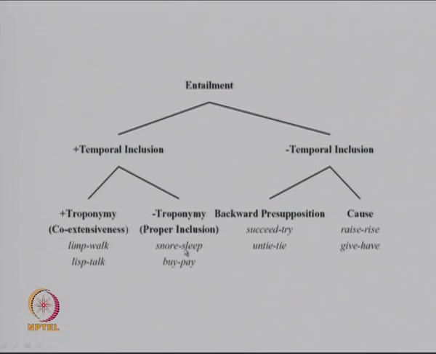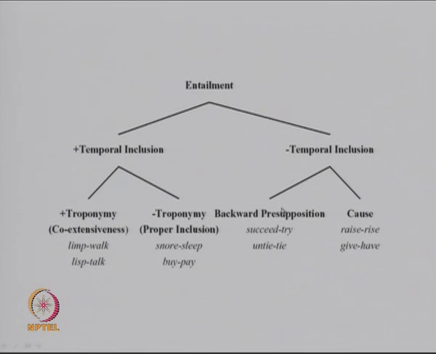So, snoring is not a manner of sleeping, unlike limping, which is a manner of walking. Buy and pay also have plus temporal inclusion, but minus troponymy, in the sense that buying and paying are not temporally coextensive. There is this whole situation of buying, where paying happens to occupy a small segment. Okay. So, that is why this is plus temporal inclusion, but not troponymy. That means paying is not a manner of buying.